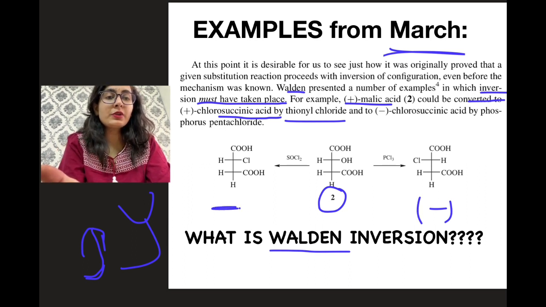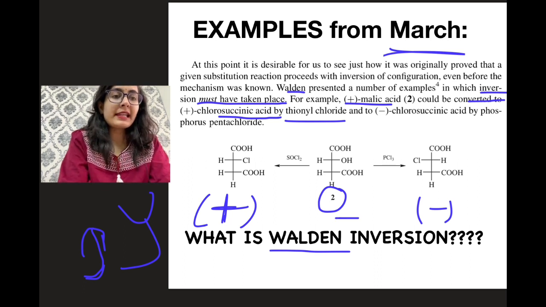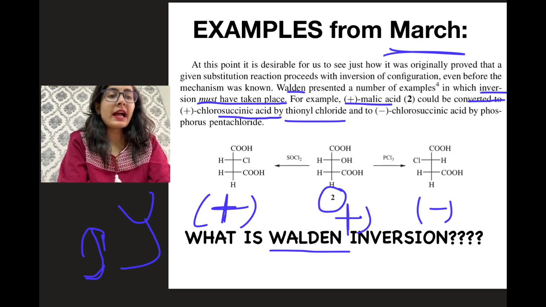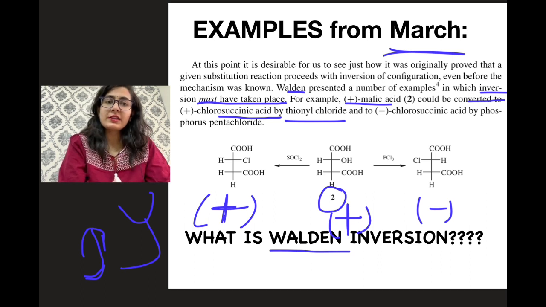So do you see the beauty of this, the application? I know I have this plus malic acid over here and I want to convert this into a chlorosuccinic acid in this way, and it depends on which reagent I take, the mechanism will change.